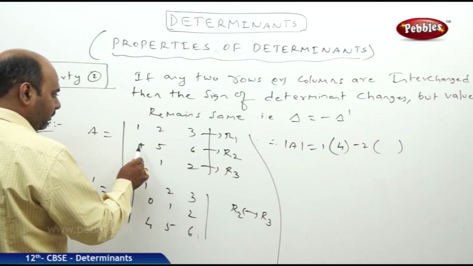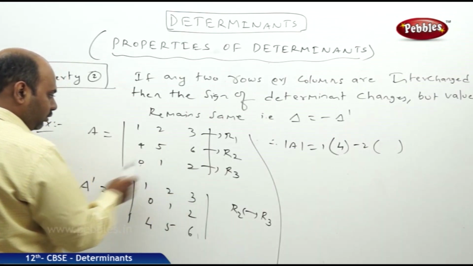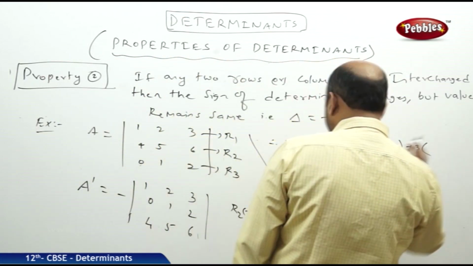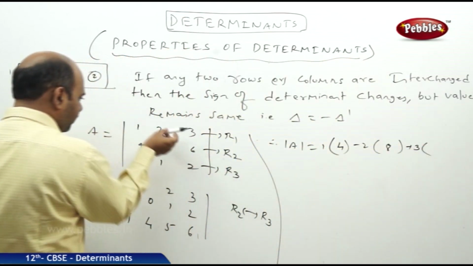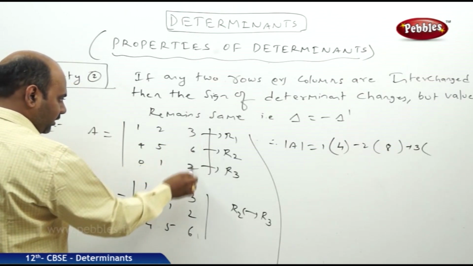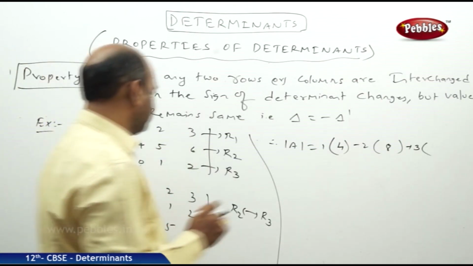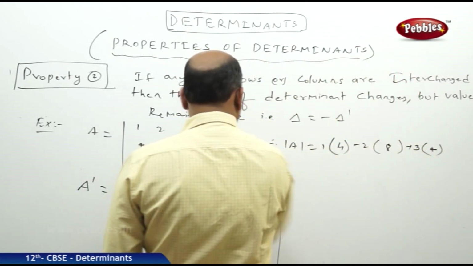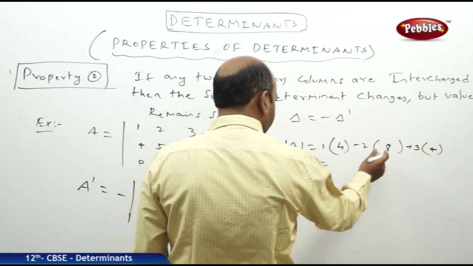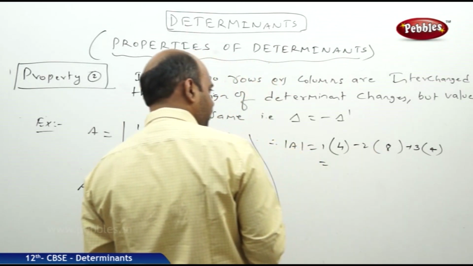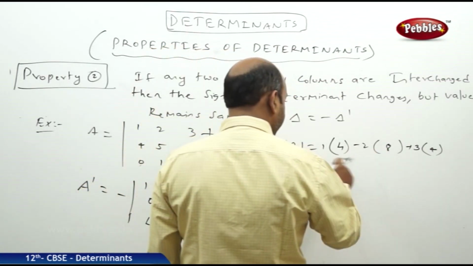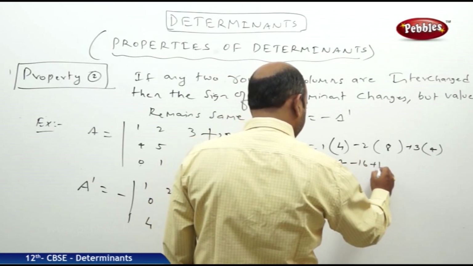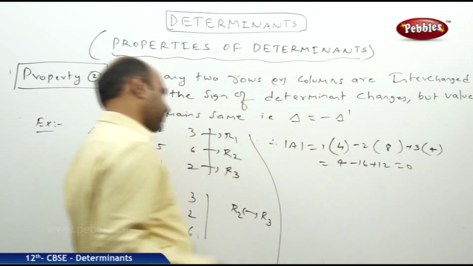That means we need to find the minor of 4 6 0 2. That means 4 2s are 8. Plus 3 into its minor; we delete the corresponding column and row. So we will get 4 because 0 into 5 will be 0. So 4 minus 16 plus 12. I think we are getting 0 if you observe carefully. 4 minus 16 plus 12, that will be 0.